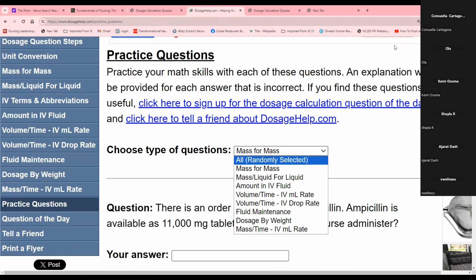But do you guys have the PowerPoint of my dosage calc thing, right? That has your conversions on there. You have that PowerPoint, correct? Yes, I think I sent it to you guys a few weeks ago. Let me see, it's in the packet.